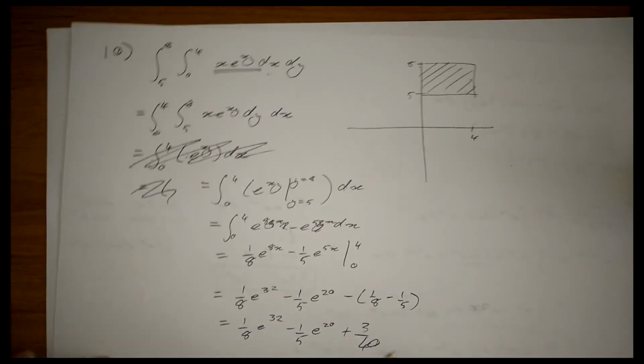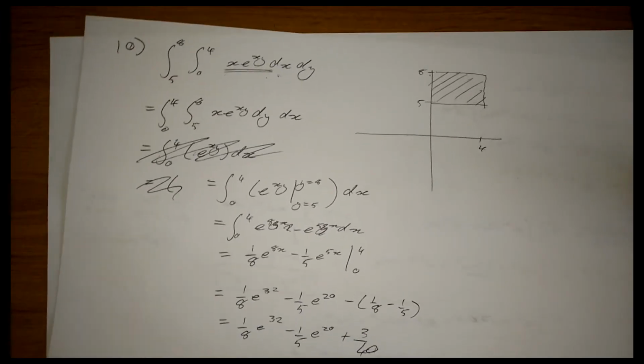So that's our double integral. Oops, I think that was, yeah, that was question 10. I thought I skipped ahead for a second. Yep, question 10. Now on to question 11.